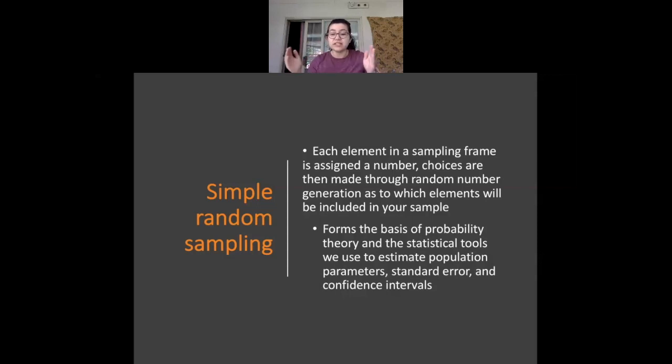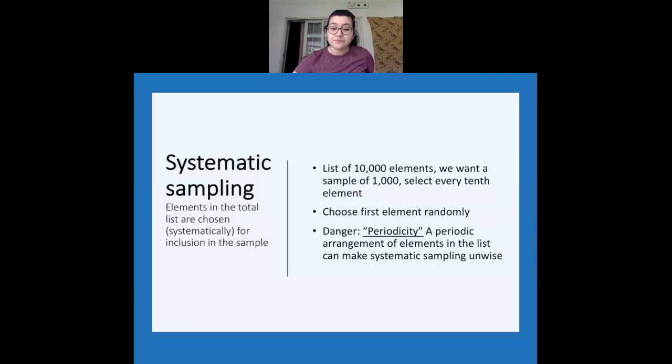So it's when you have a list and then you are randomly selecting a certain amount of the population from that list. And you want to make sure that it's done through random number generation and not through you yourself. Random sampling allows us to make generalizations about the larger population, which I've been iterating and iterating, but it's important.